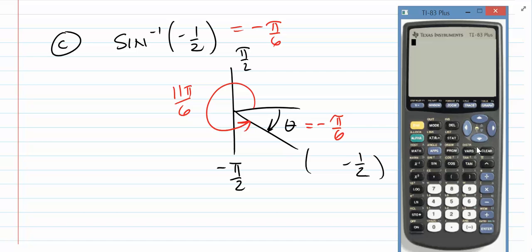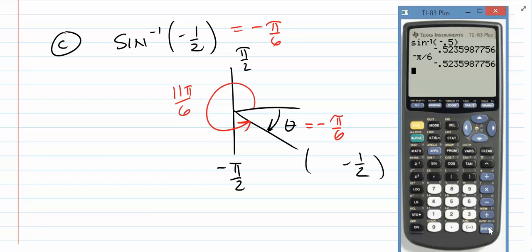So we want the inverse sine of negative 0.5. Our calculator tells us it's this funky decimal. What does that mean? That means that if we take negative pi and divide it by 6, do I get the same thing? Yes, I do. Negative pi over 6.